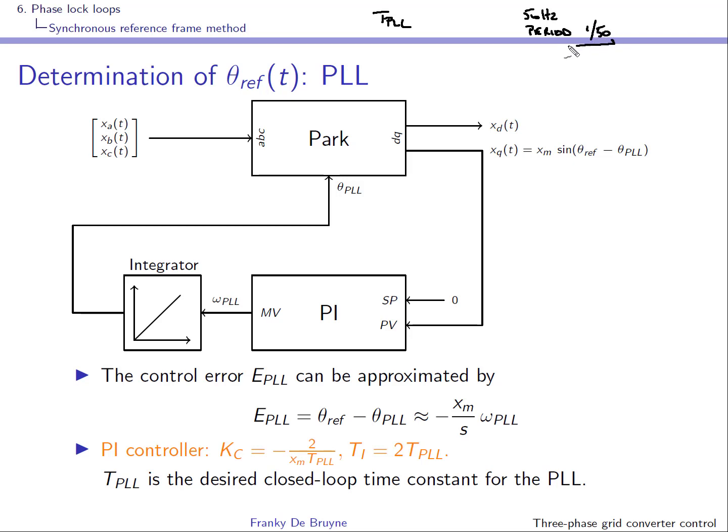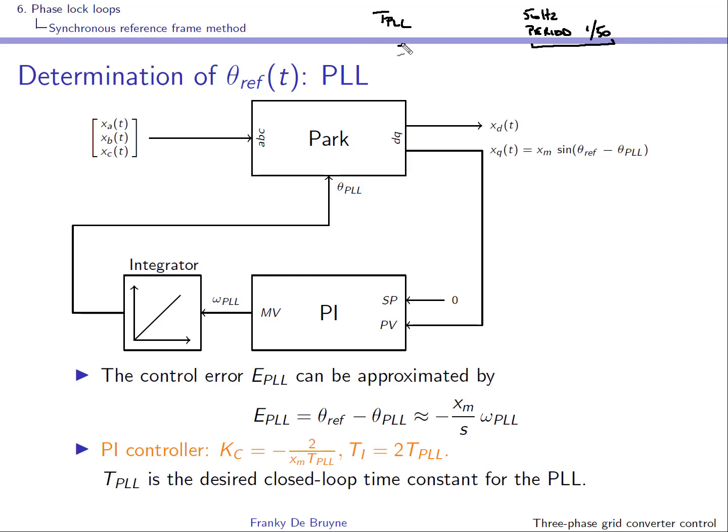You would like your PLL to track the reference signal as fast as possible, and roughly speaking, you can say that you would like your PLL to track the signal in 1/4 of a period.